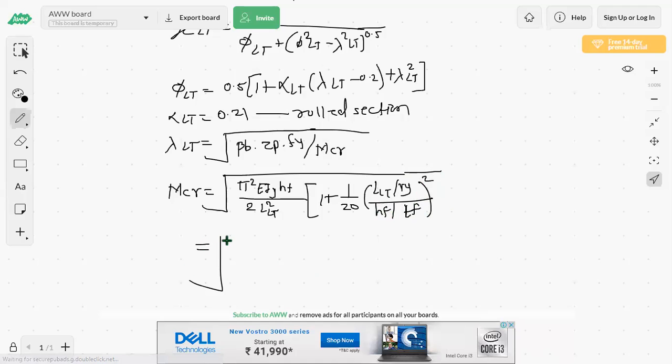Now here we have to put these values for MCR. Have you written this formula for MCR? Please write down this formula first.